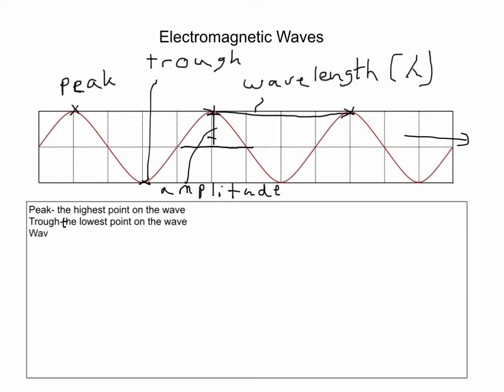We have the wavelength, and the wavelength is the distance between two peaks of the wave.